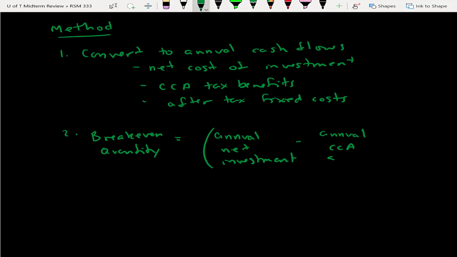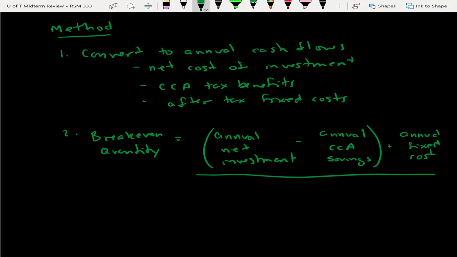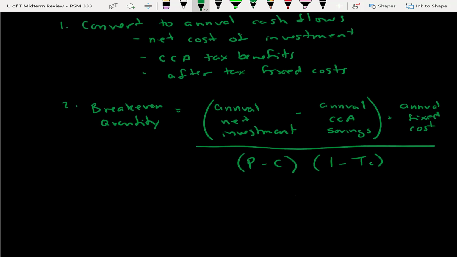If you think about that logically, this will be the present value of everything: what are we paying for the asset minus what we get as a tax break. That's really what we're going to be paying, plus the annual fixed cost, after tax. We divide the whole thing by the price per truck minus the variable cost, and in this case, unlike accounting, we multiply by 1 minus the tax rate. We don't need to do that in accounting. There are a variety of reasons. I'm not going to do the formula proof, but just take that as a given.